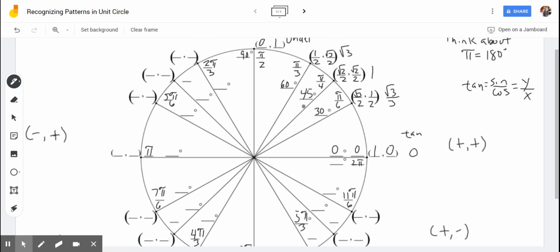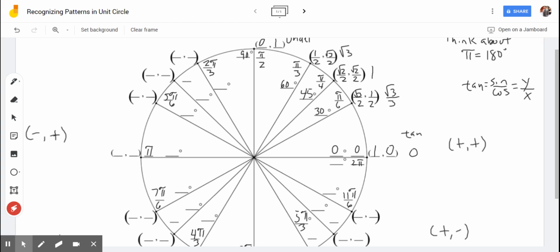And we can count the same thing by pi over 4s. But with pi over 4s, we're just doing the angle in the middle, and then obviously each of the ends of the quadrants, right? So 1 pi over 4, 2 pi over 4, that's why it's pi over 2.